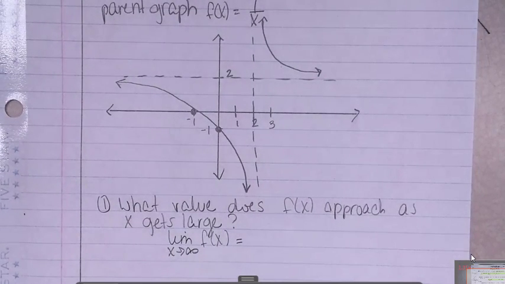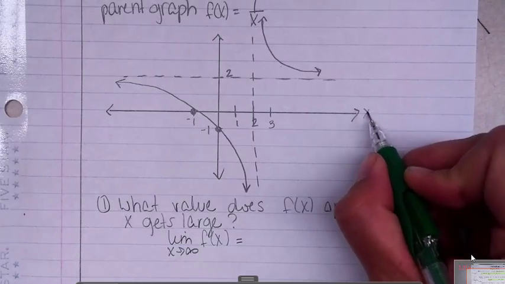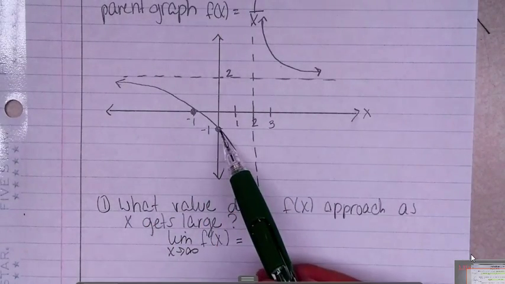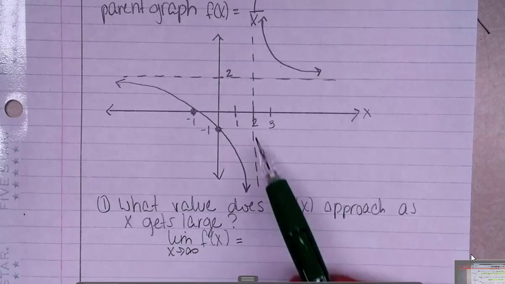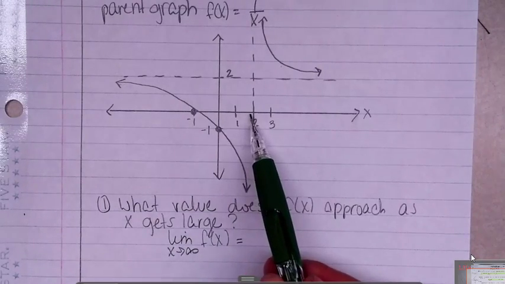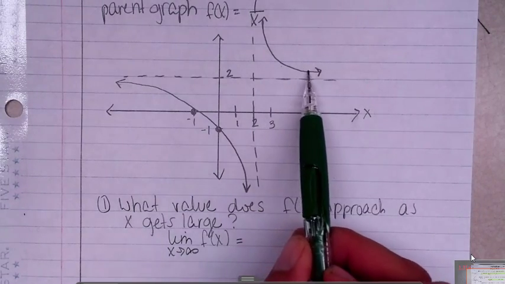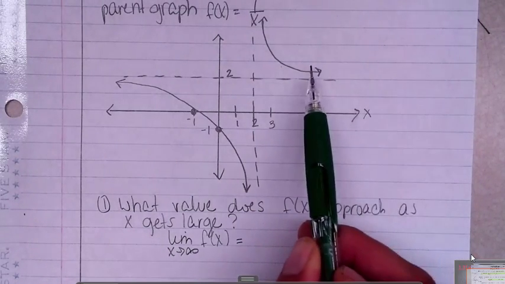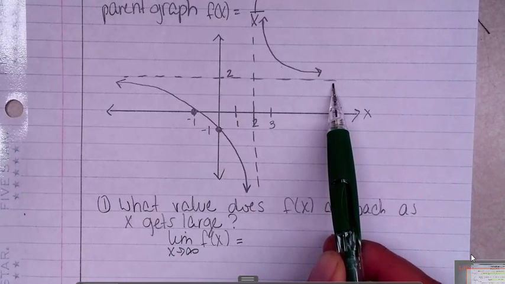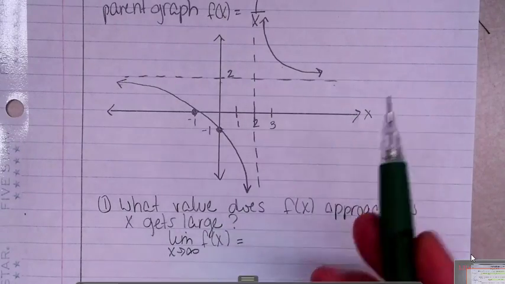So where does x get large? So the x-axis is here. So x is getting large as I head this direction. So looking at this piece of the graph, I'm stuck at 2. X can't really get much larger. But on this piece of the graph, x is continuing on and getting larger and larger, and it looks like we are approaching this horizontal asymptote, which has an output of 2.